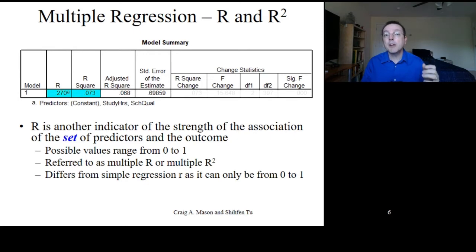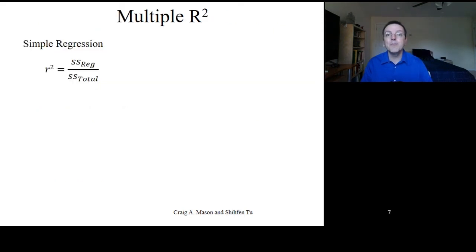So in multiple regression, the multiple R, uppercase R, only indicates the strength of the association between a set of predictors and the outcome. And whereas in simple regression, R ranged from -1 to +1, in multiple regression, the multiple R only ranges from 0 to +1. Again, 0 to +1 because it doesn't indicate the direction of the effect, just the strength of the association of the set of predictors. Now, let's dig into this a little more.